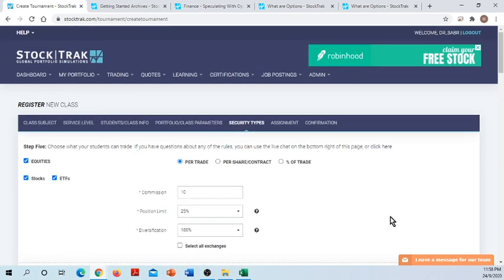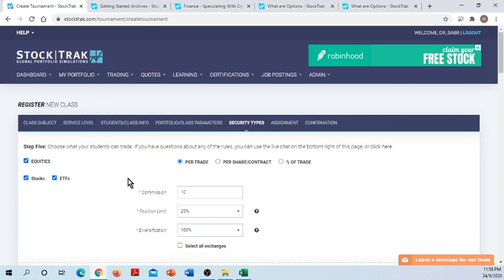Next are the parameters about the security or the asset class you want to allow your students to enter into, and also some parameters related to the commission they will be charged.